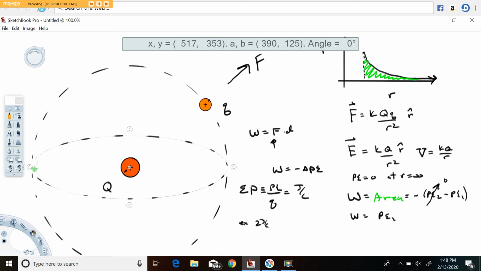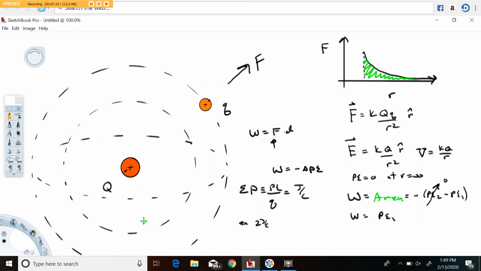Now, if we start closer to the surface, or to the inward charge here, at a smaller value of R, the force is larger.